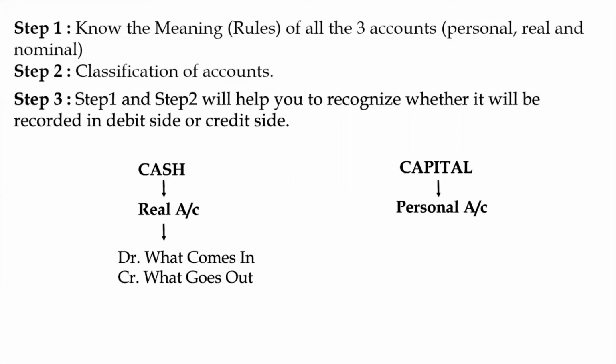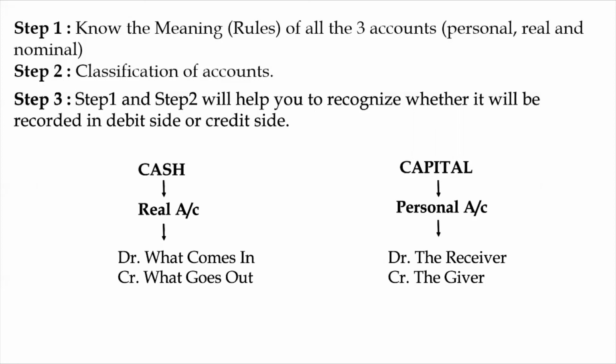Okay. So the rule of the real account says that debit what comes in and credit what goes out. The golden rule that we have studied in some previous lectures. Likewise, personal account says that debit the receiver and credit the giver. So in that transaction, it says that Abhendra started a business with cash.